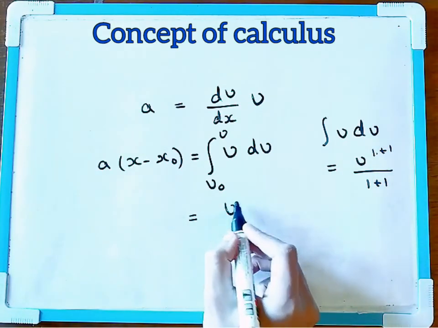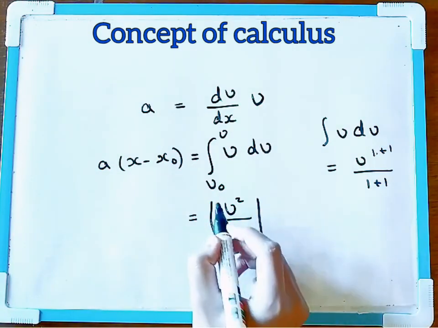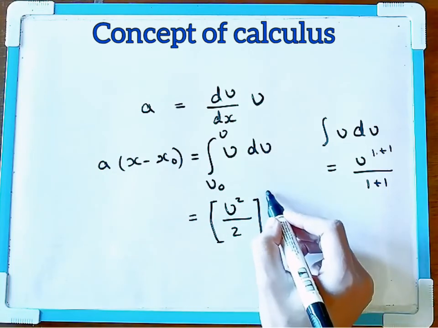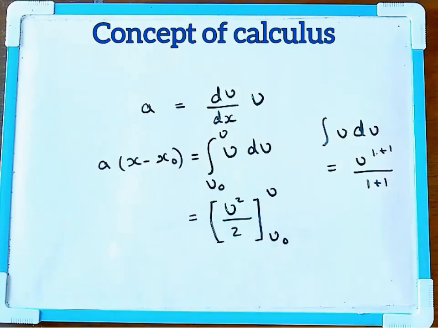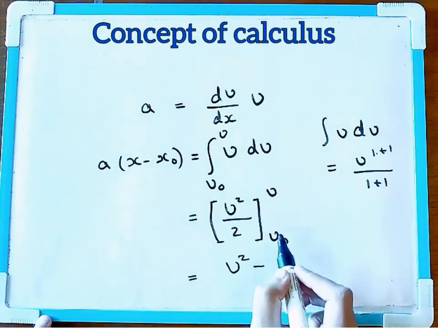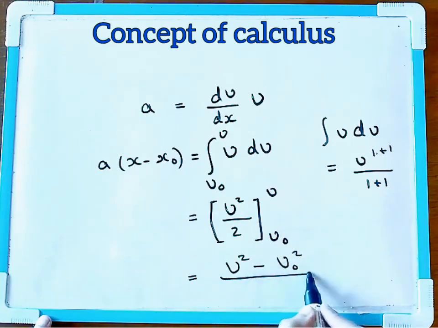So I'll write here v square by 2 within the limit v0 to v. What I have to do with these limits is put first the upper limit, then minus the lower limit. So what I'll get here is the upper limit v square minus the lower limit v0 square, divided by 2.